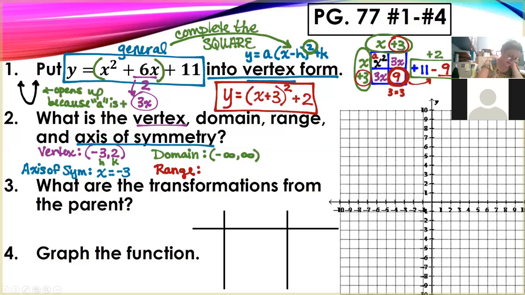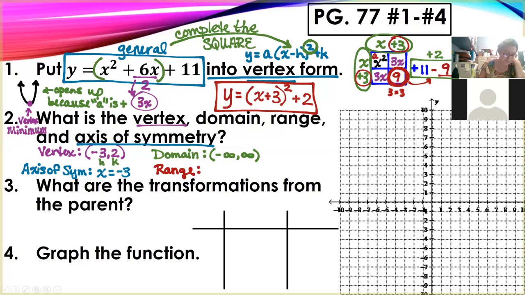So the vertex, in my bad little sketch, here's the vertex. Is that going to be a maximum or a minimum? A lowest point or a highest point? Since it opens upwards, it's the lowest point. So this is a minimum.